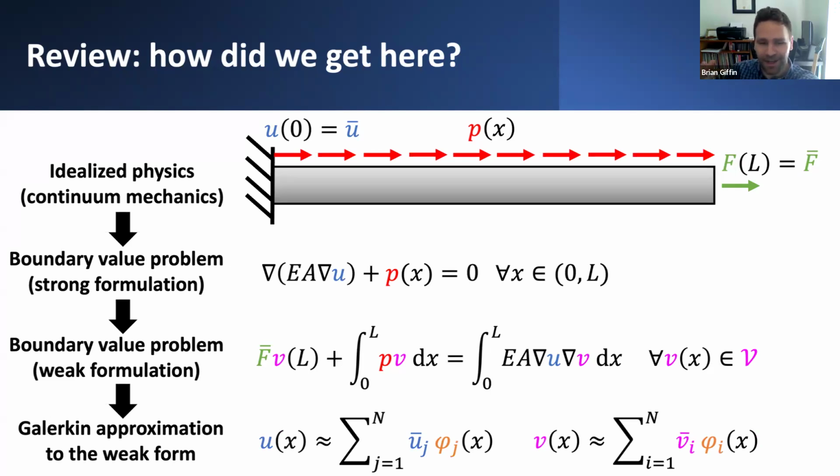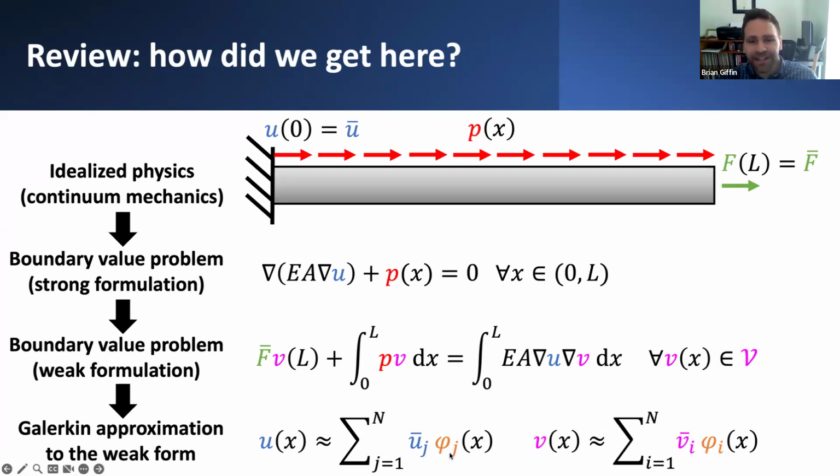That essentially amounted to representing both of these two different fields, the displacement field and the virtual displacement field, in terms of some finite collection of functions multiplied by some corresponding function coefficients, maybe u bar sub j or v bar sub i. Essentially, we reduce the problem down to parameterizing our solution field in terms of this set of finite coefficients, where in this case, maybe we have n total of these basis functions, the v's sub j's, and n of these corresponding function coefficients multiplying them.